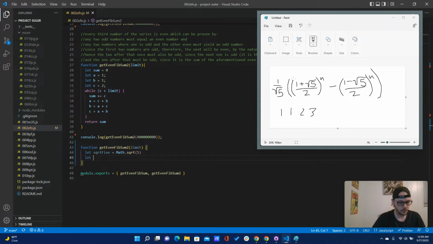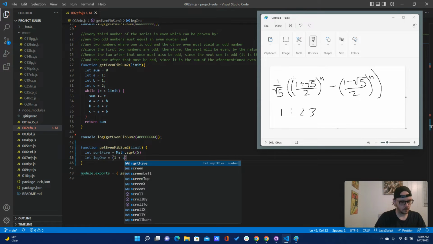I'd rather just have that stored as a constant. You can label these as constants instead of lets. Obviously, that would be the better thing to do, I guess.